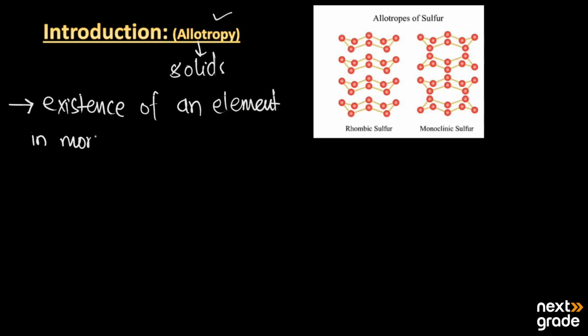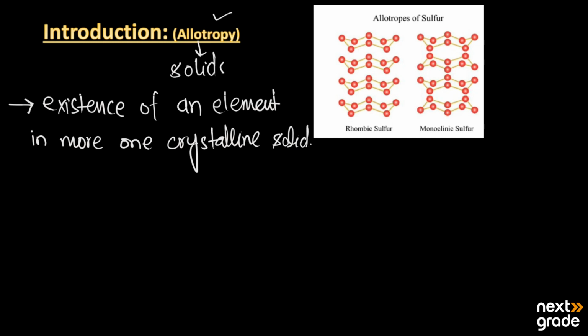When an element exists in more than one crystalline form, then this property of the solid we call allotropy.